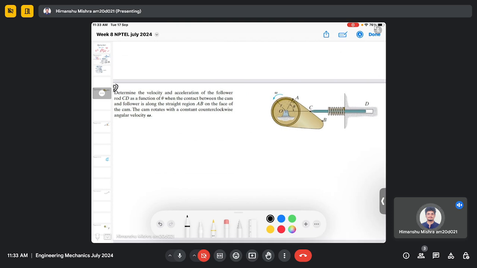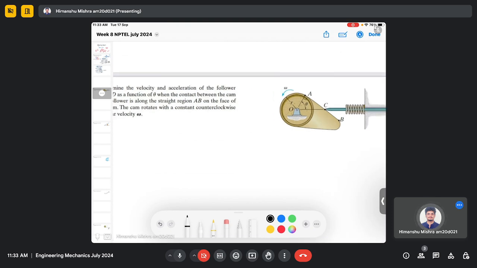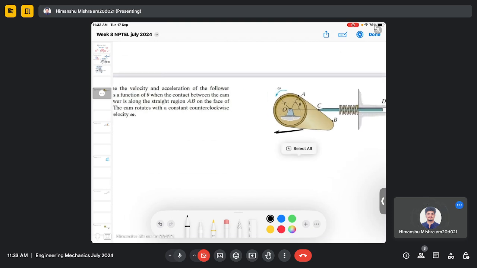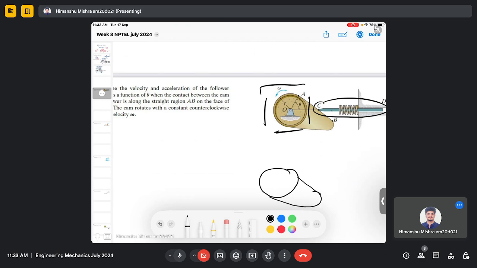So here in this problem as well, we are given that the cam, which is this portion, is rotating with constant angular velocity, and due to its rotation, there is a horizontal translation in the bar CD, right? You can imagine, let's say this is my cam and this is my bar CD.